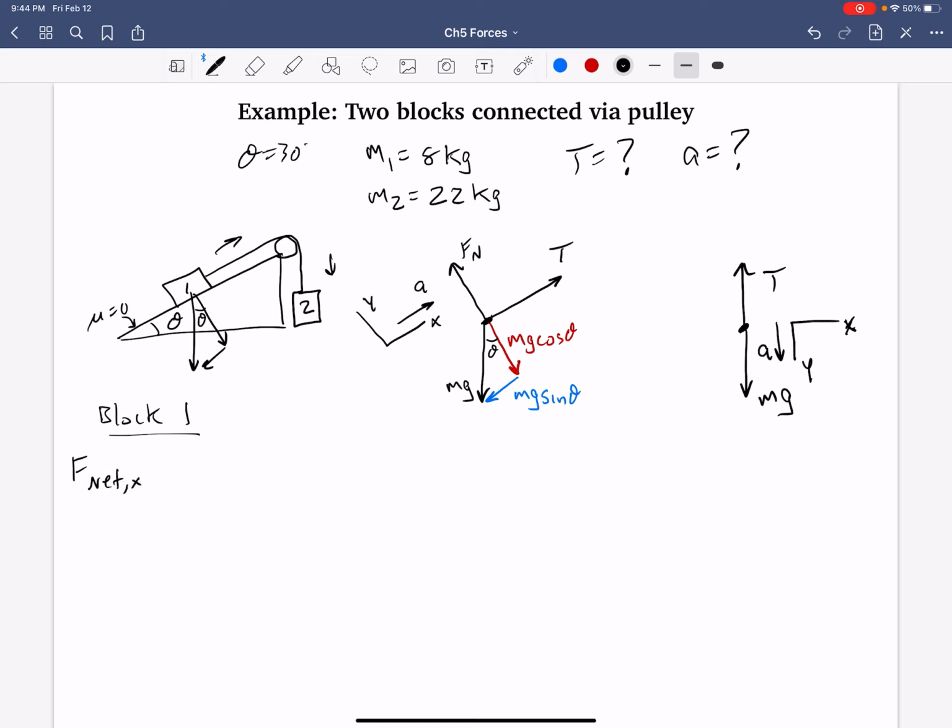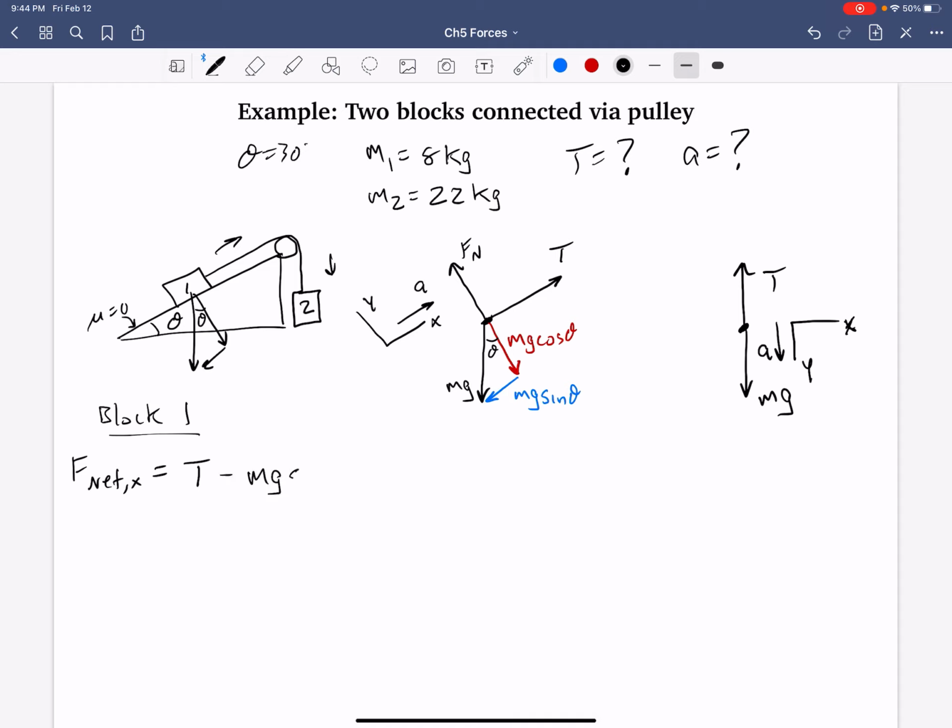The net force in the x direction, well, that's tension, right? Tension is up the incline, as is our direction that we chose, or I chose, as positive x. So tension's positive. And now in the negative x direction, in other words, pulling down the incline, is the x component or sine component of gravity.